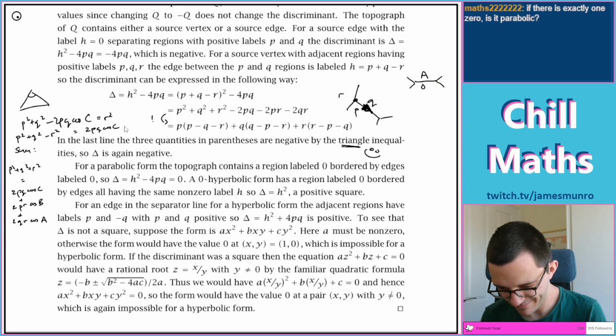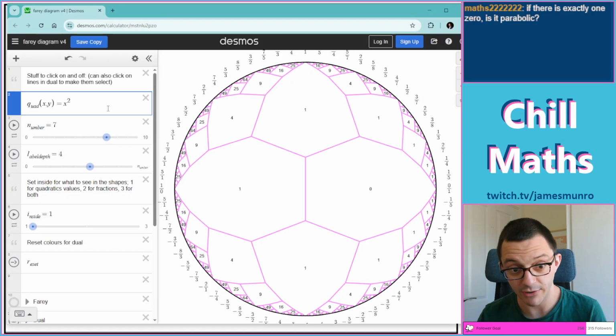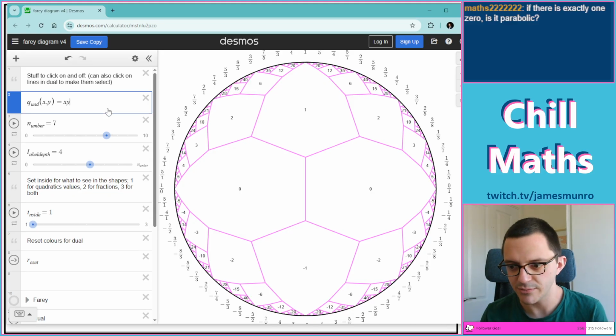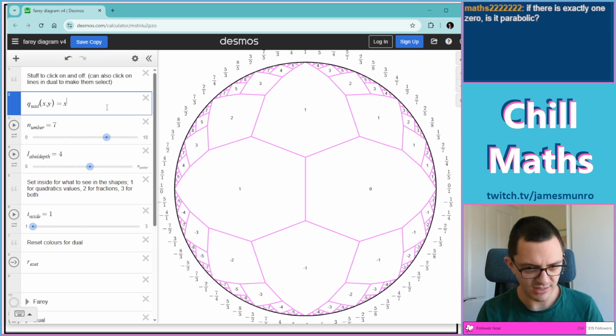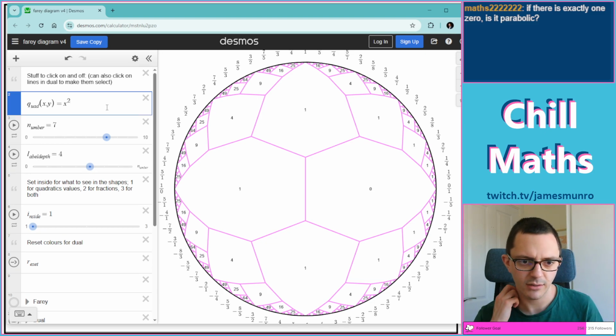So let's try it out with setting up a 0 hyperbolic thing, but with, so you gave me this one, which has got 2 zeros. I think I can set up a 0 hyperbolic thing with exactly 1 zero. What's the other root of the quadratic going to be?